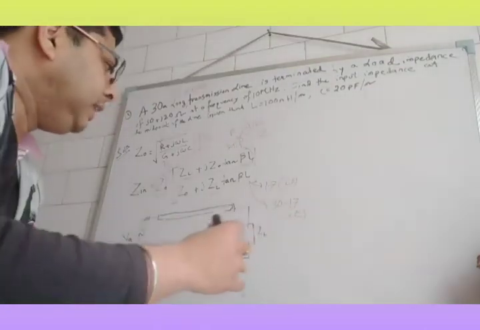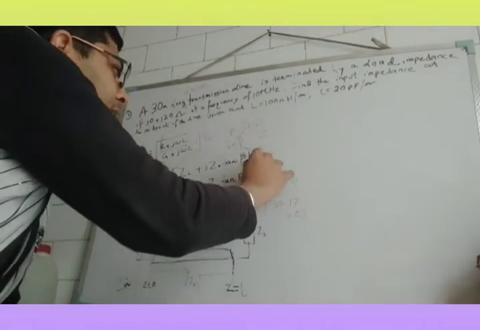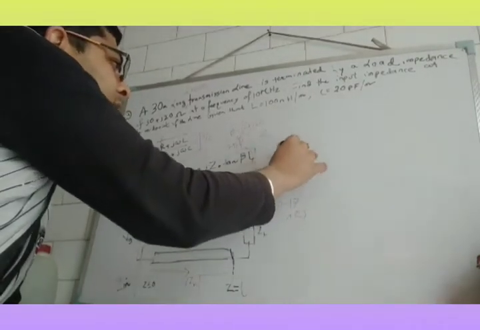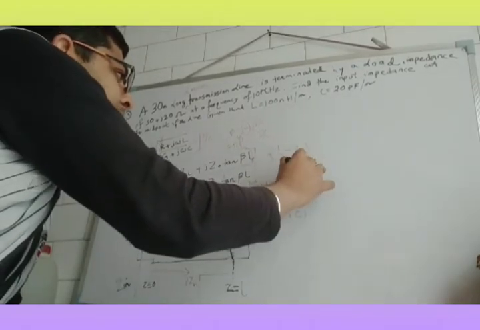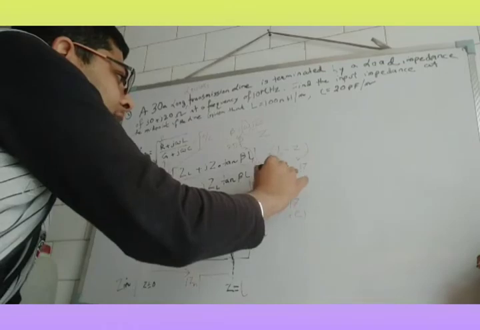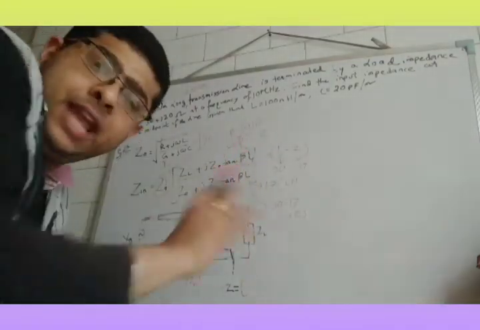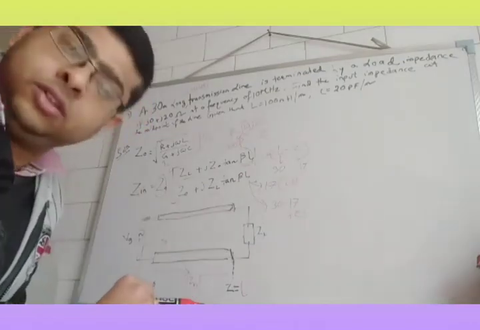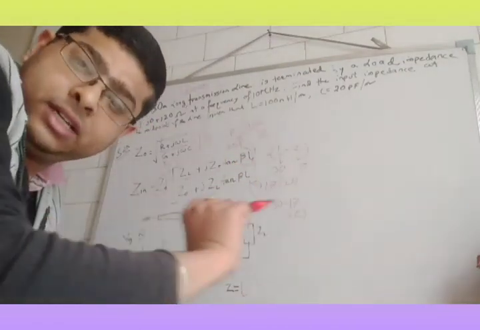So what you are seeing as L is basically L minus Z, where Z is this 17, and L is the length of the line. In some books they will write L minus Z. Remember, this Z distance is from the generator end.